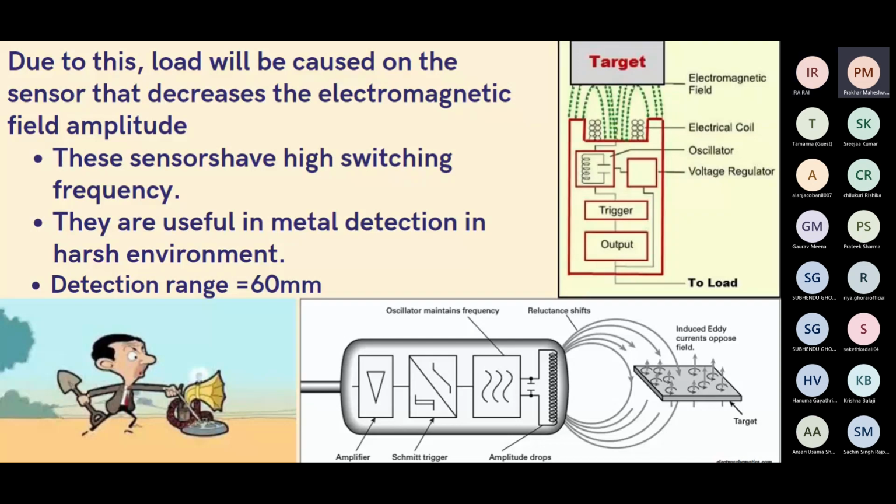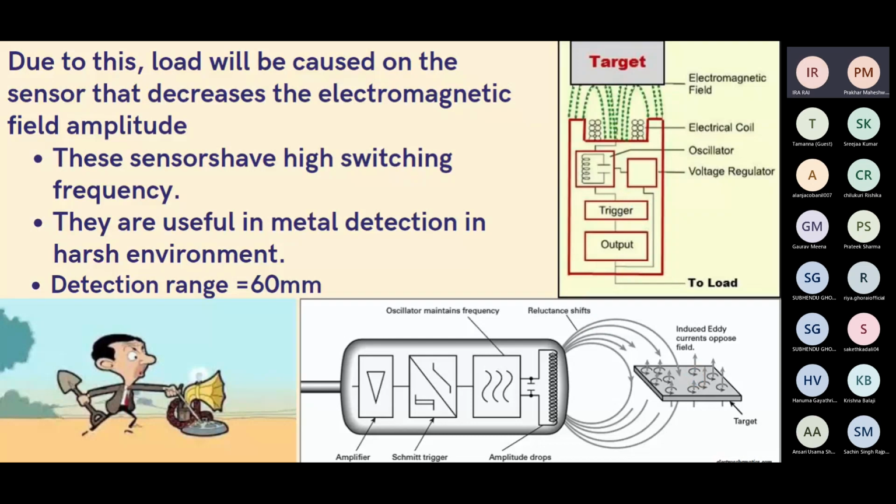Due to this, a load is caused on the sensor that decreases the electromagnetic field amplitude, as I explained. These sensors have a high switching frequency. They are useful in metal detection in harsh environments, and the detection range can be 60 mm. These both are the most similar representations of what I just explained.